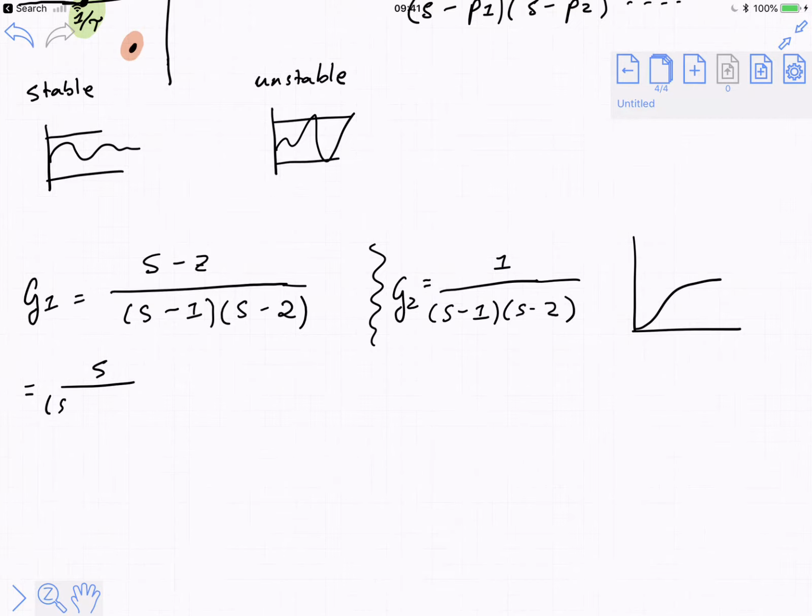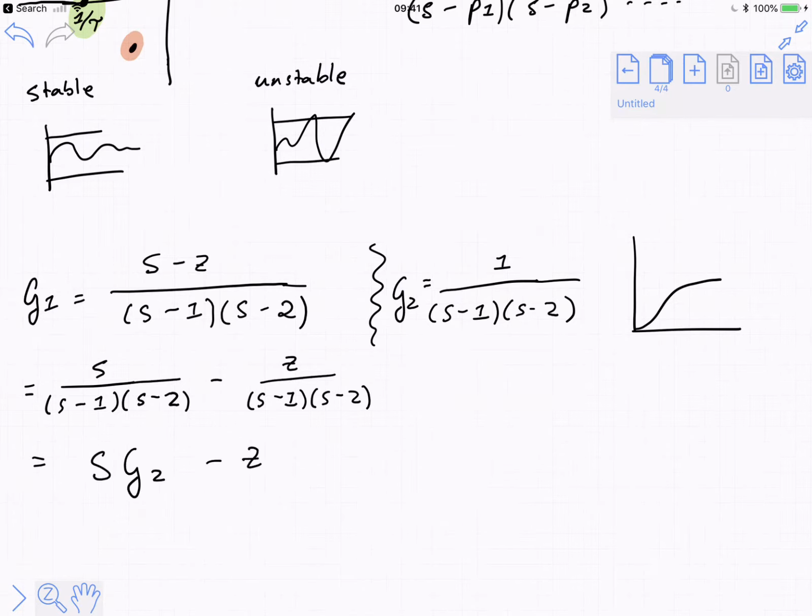Now G1 I can actually rewrite as S times this minus Z times this, which is basically S times G2 minus Z times G2.